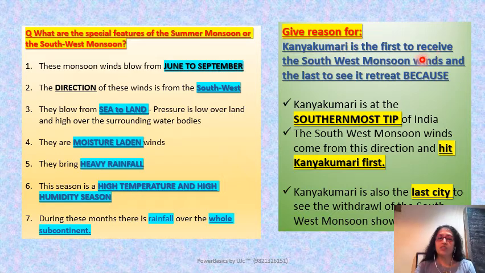Kanyakumari is the first to receive the southwest monsoon winds and the last to see it retreat. They retreat, they go back also. Kanyakumari is at the southernmost tip of India. The southwest monsoon winds come from this direction and hit Kanyakumari first. Kanyakumari is also the last city to see the withdrawal of the southwest monsoon showers.